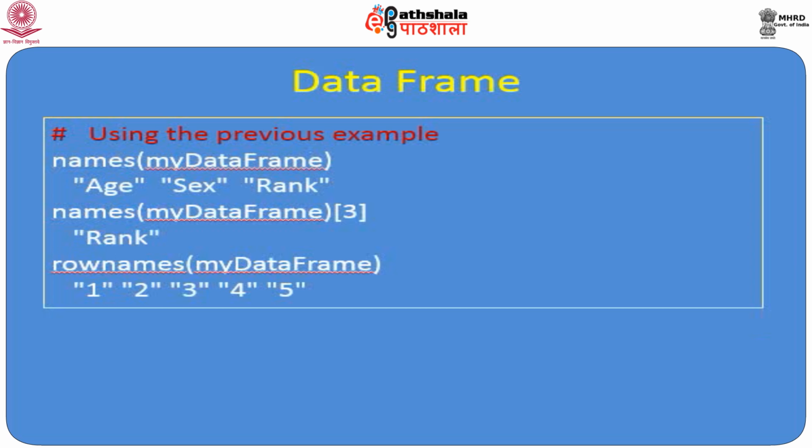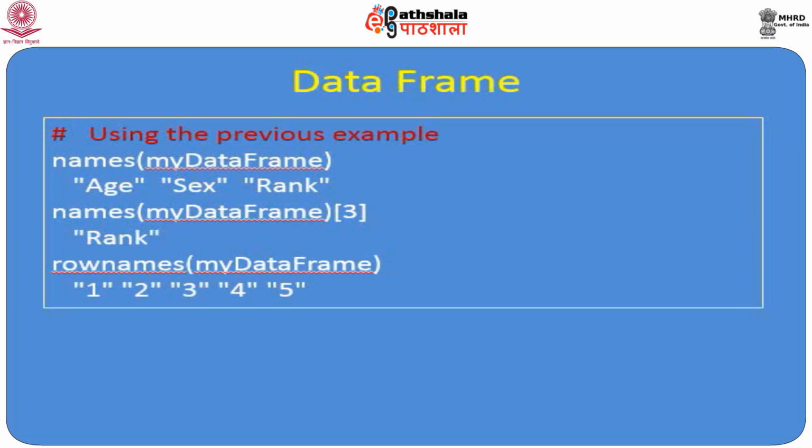Now, how do you know what the column names of the data frame are? We have given the names beforehand, right? So, now we want to extract the column names of the data frame. What do we do? Use the names function and then you have it.